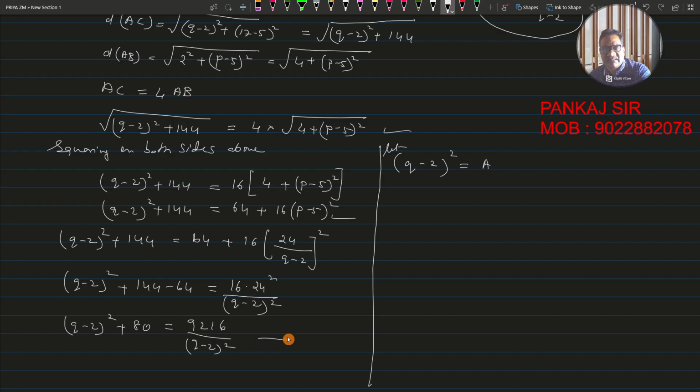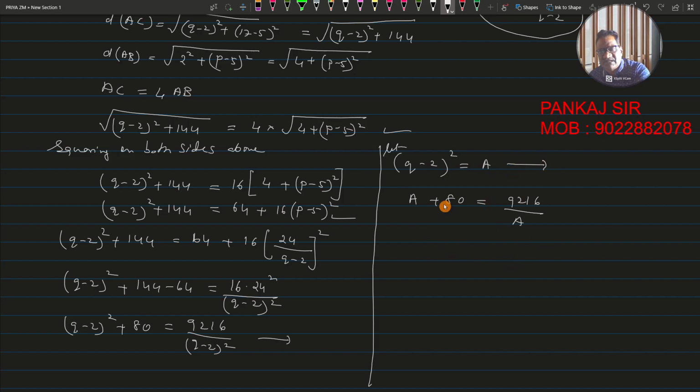Therefore, this particular equation now becomes for me a plus 80 equal to 9216 upon a, right? Because (q minus 2) the whole square I am taking as a. Fine. This also we will be using later.